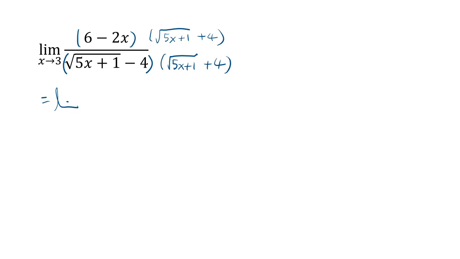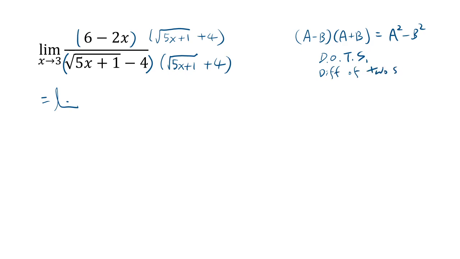Now the core formula that we're using anytime you multiply by the conjugate is the following. a minus b times a plus b is equal to a squared minus b squared. This is also known as the DOTS formula, which is an acronym for difference of two squares.